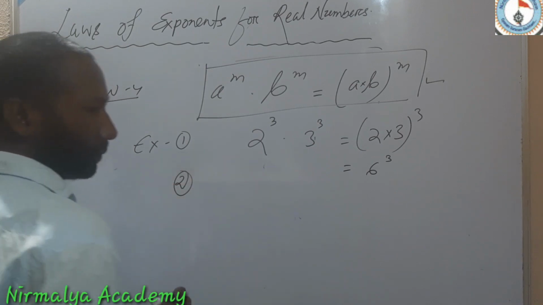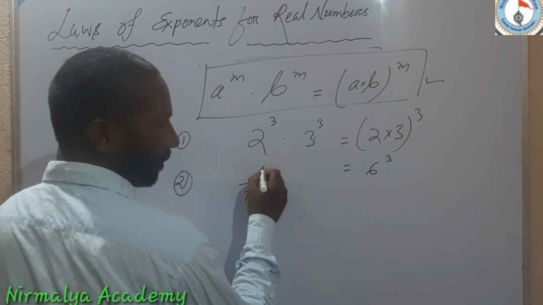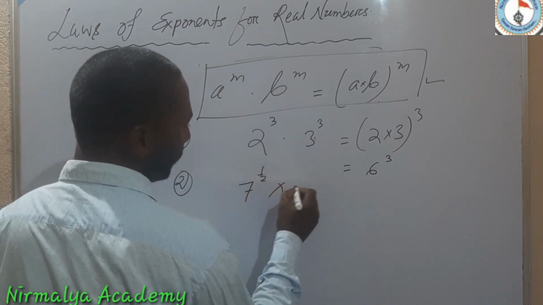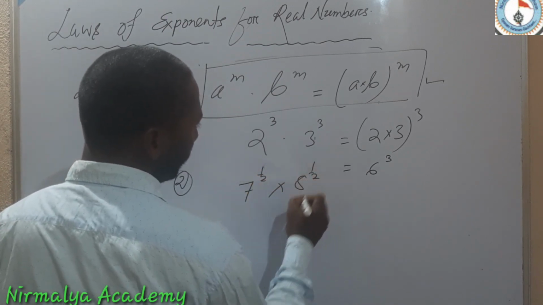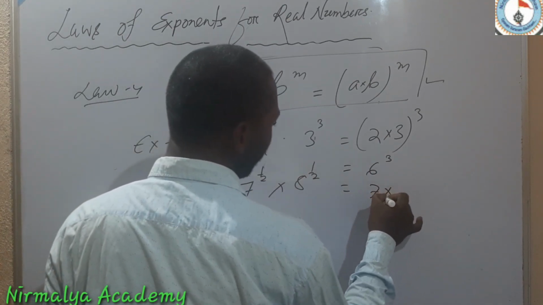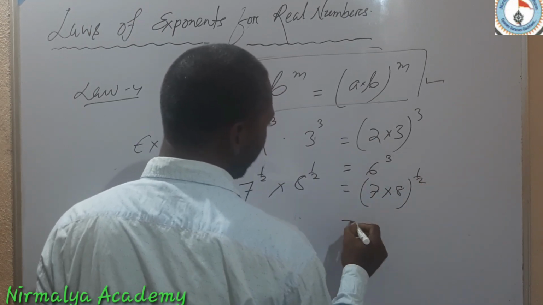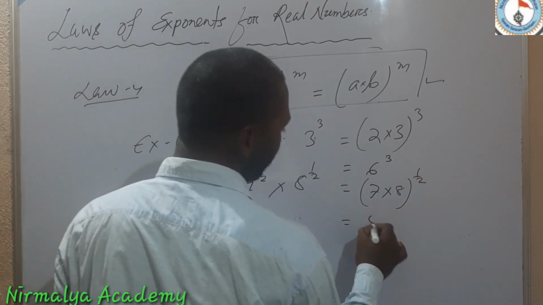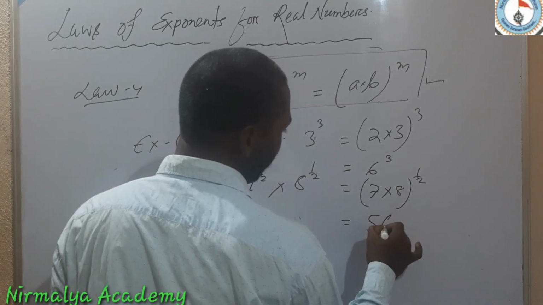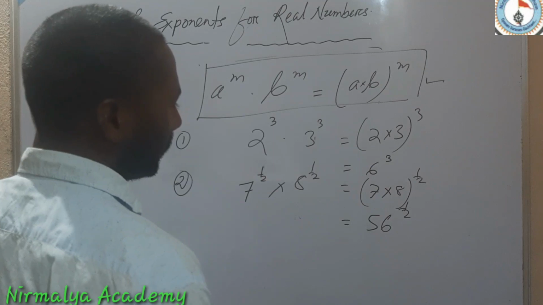Example 2. 7 to the power 1 by 2 into 8 to the power 1 by 2 equals 7 into 8 whole to the power 1 by 2, equals 56 to the power 1 by 2.